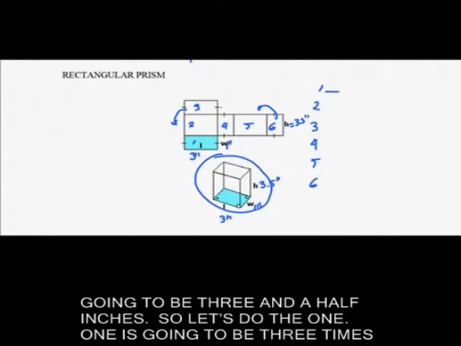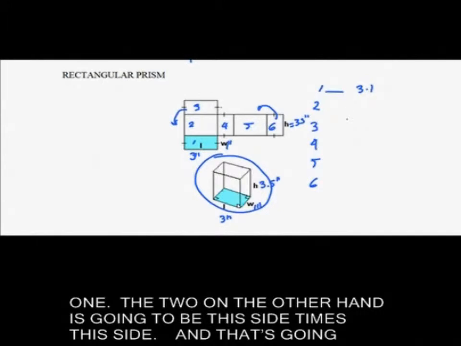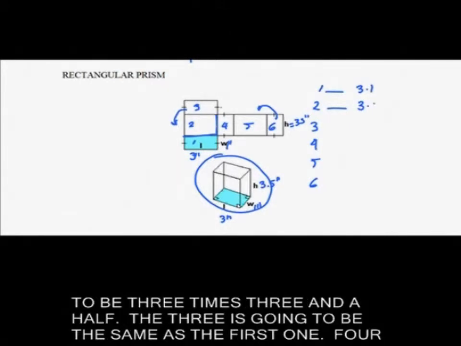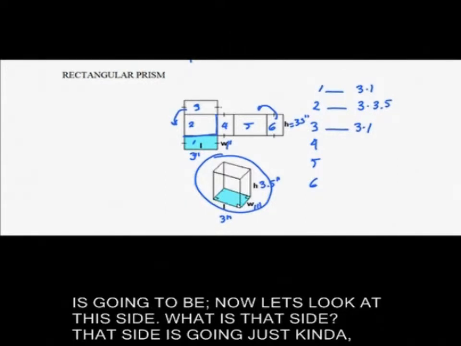So let's do the 1. 1 is going to be 3 times 1. The 2, on the other hand, is going to be this side times this side, and that's going to be 3 times 3.5. The 3 is going to be the same as the first one, 3 times 1. 4, now let's look at this side.